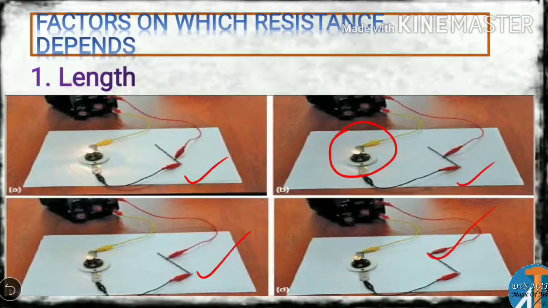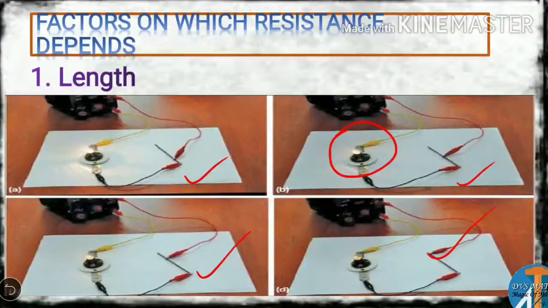What you can conclude here is, what happens if length is increased? Resistance also increases. In the last figure, length is more, resistance is more, so brightness decreased. That means less flow of electrons in the circuit. But in the first figure length is less, resistance is less, electrons flow easily, so brightness is more.